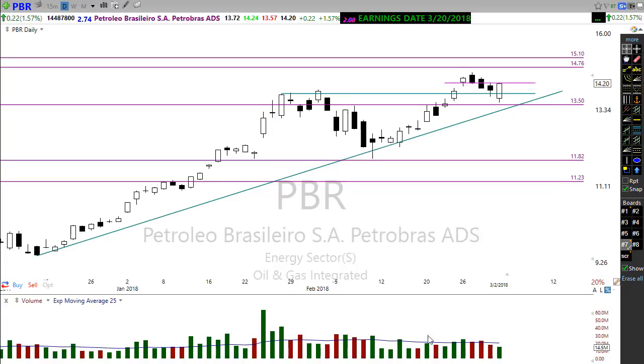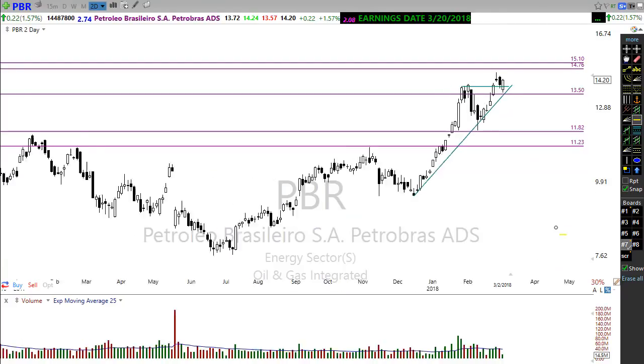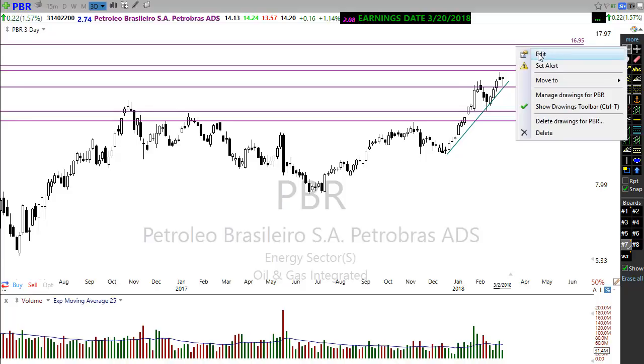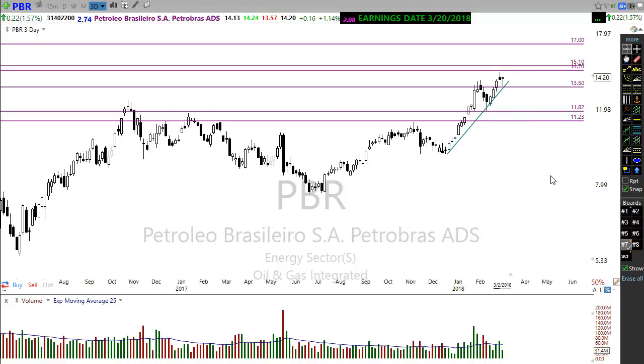Do you think 17 is logical? I'm going to have to go to a 3-day chart to even bring 17 into view up here. Does a 20% move, one time, a straight up move on a stock make sense to you? How often does that happen?